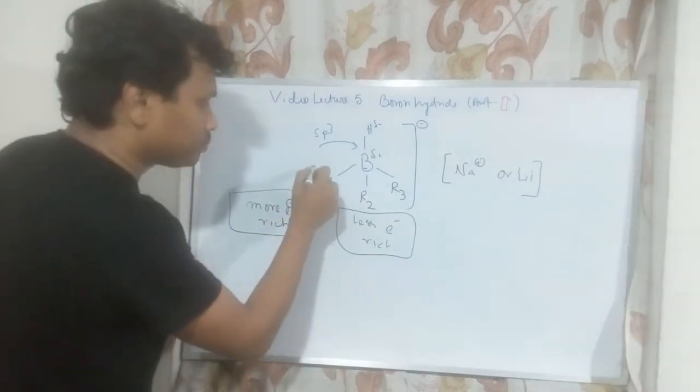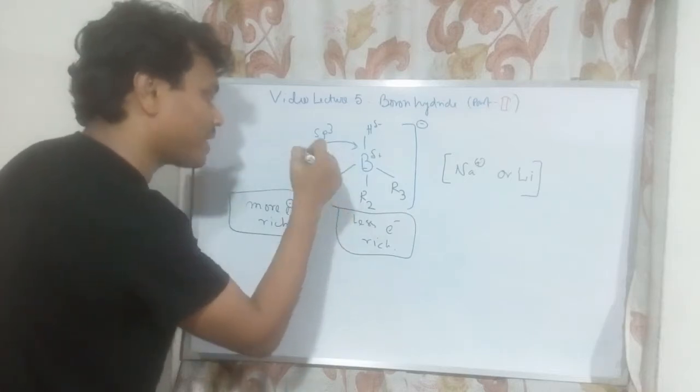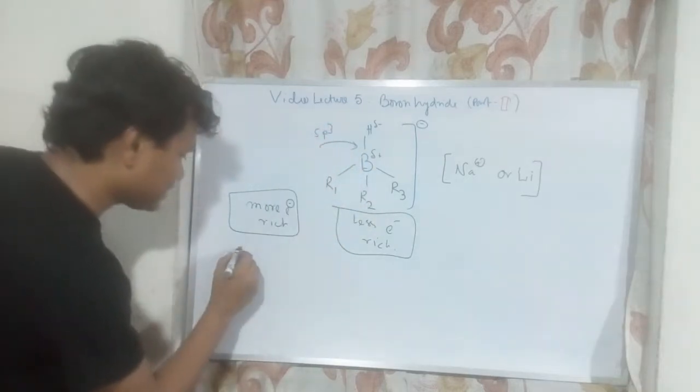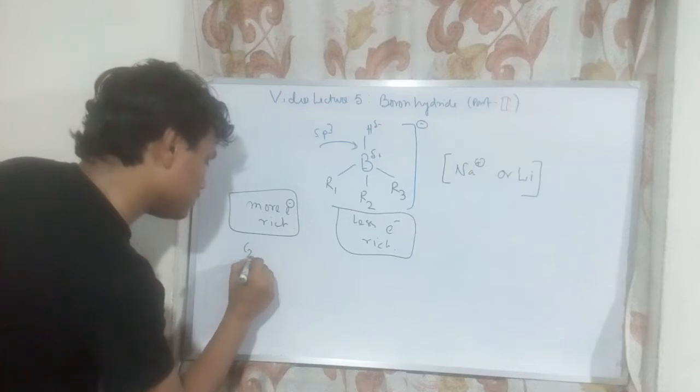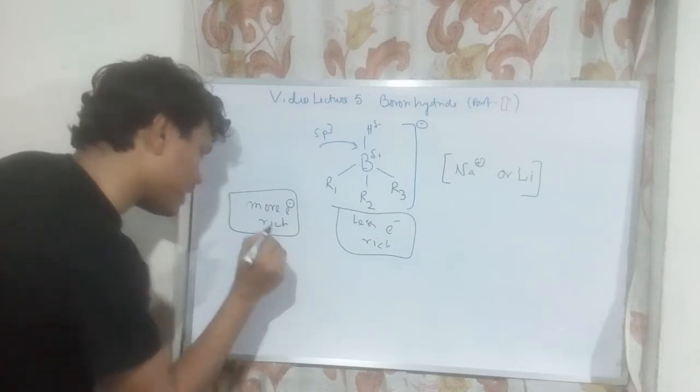Let's put the group which are by itself electron rich. For example, ethyl group, C2H5. Why I am telling ethyl?